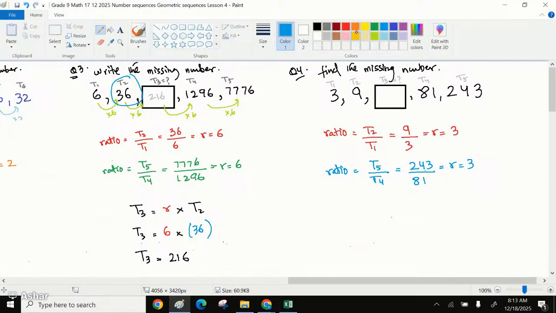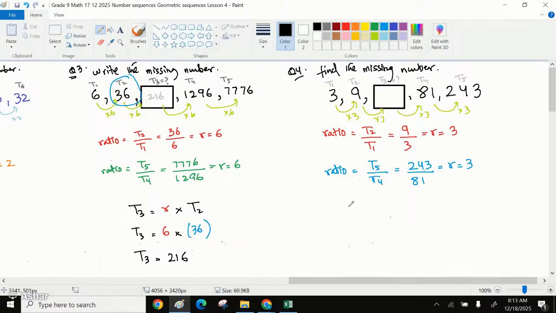We know that each term is 3 times its previous term. That means term number 3 is the ratio times its previous term. What is the previous of 3? The term before 3 would be term number 2.